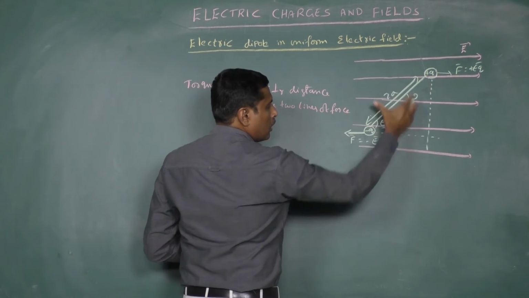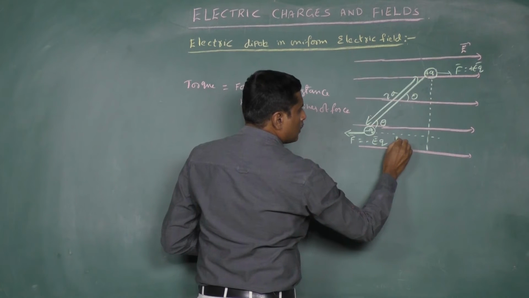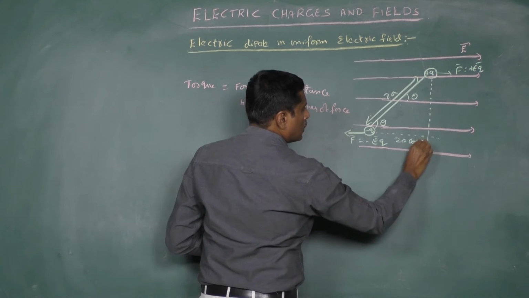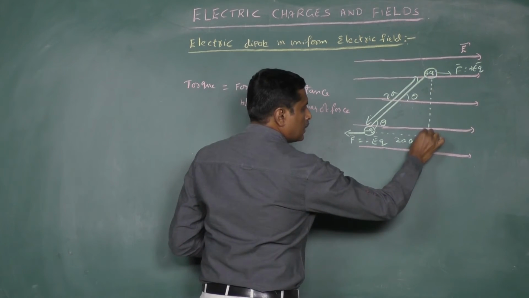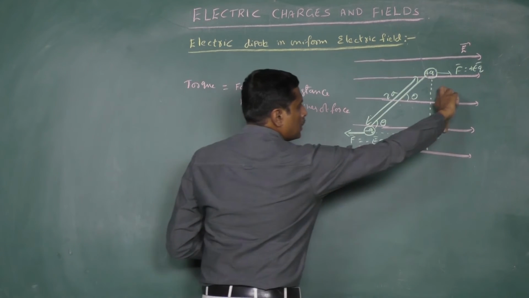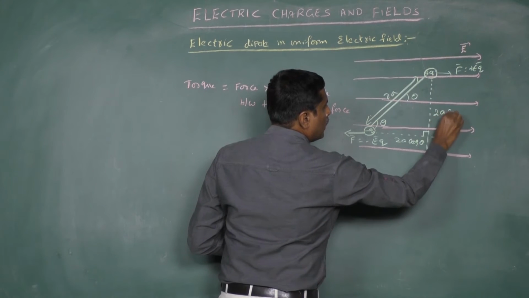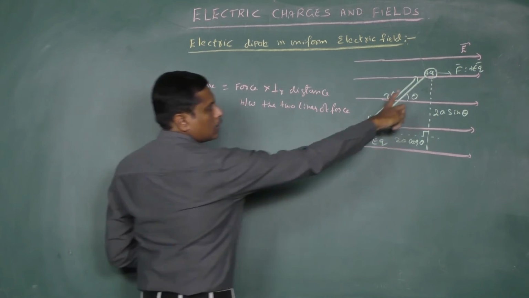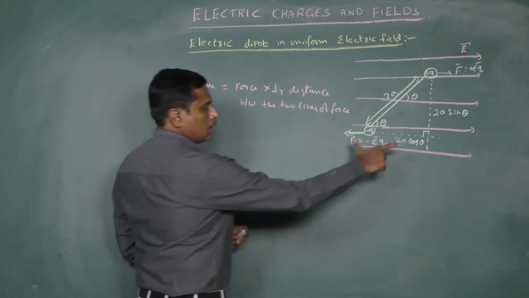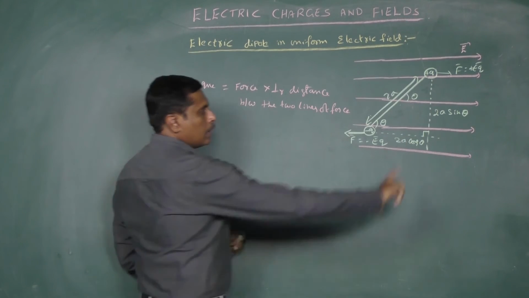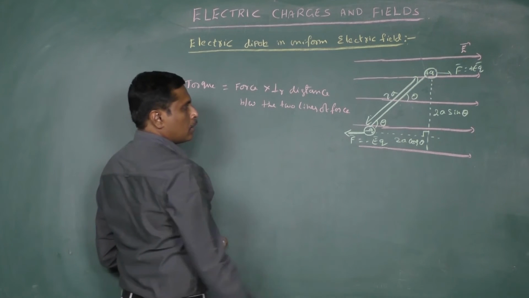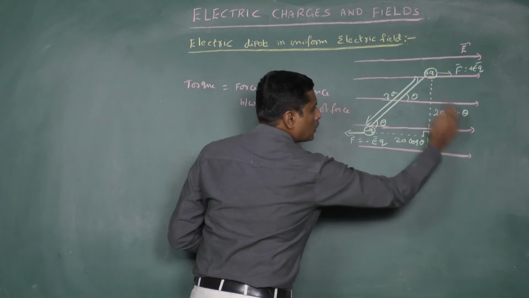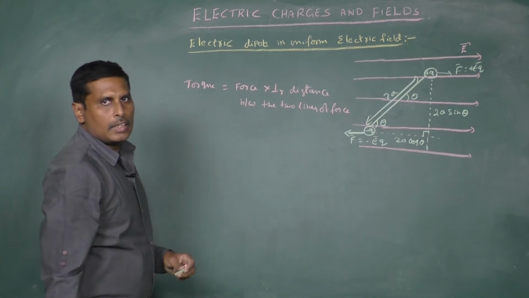Along the field it is 2a cos theta, and perpendicular to the field it is 2a sin theta. The perpendicular distance between these two lines of force is equal to 2a sin theta.